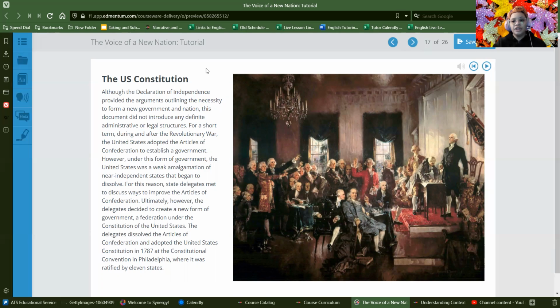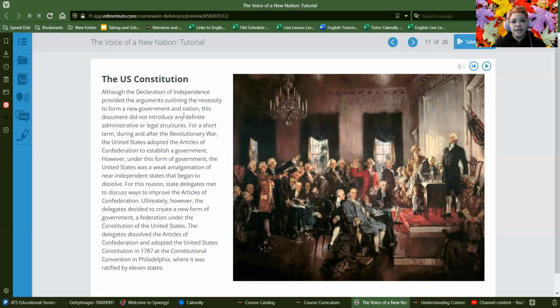So the Declaration of Independence was just a long document explaining to the king and to other nations, basically to have it on paper, why we need to be independent. But it didn't actually outline any of the groups or rules that the nation would have.